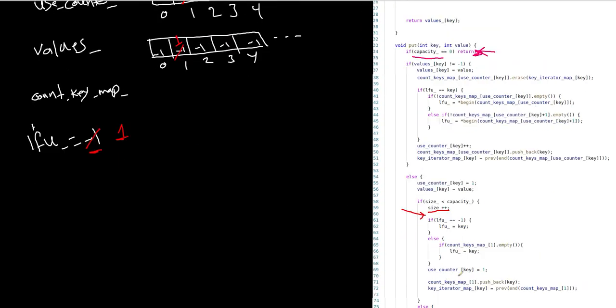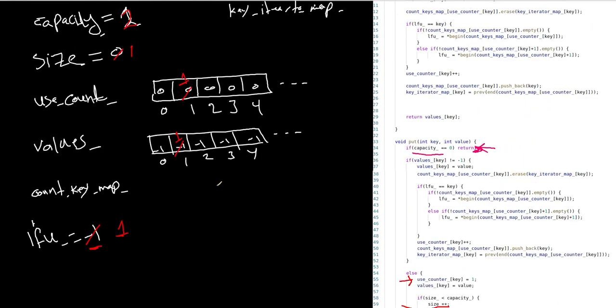Then use counter of key equal 1. This is a duplicate, you don't need it because you assign it here. Here we have count keys map of 1 push back of the key, and this means that we have this count 1 for key 1, and for this dictionary, the count 1, we will add the key 1 to the end of the linked list.